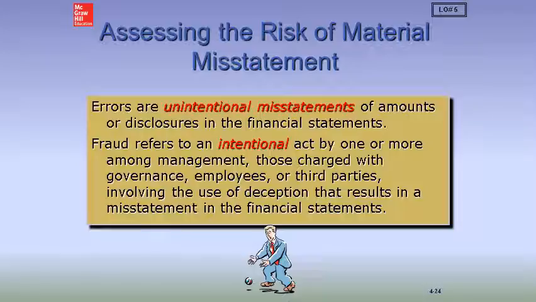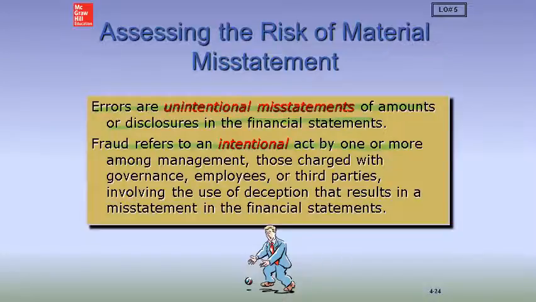So let's take a look, and we can see here that fraud is distinguished from an error by intent. Errors are unintentional mistakes in what is put into the financial statements in terms of amounts and disclosures, whereas fraud is intentional.